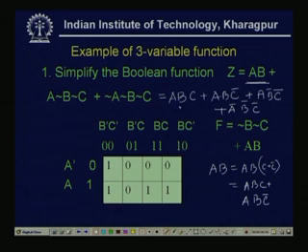So, now we can easily put the 4 ones. This one is for A B C. Now, A B C bar, this one is for A B C bar. Now, this is for A B bar C bar, and only one is left, A bar B bar C bar. So, these are the 4 terms.